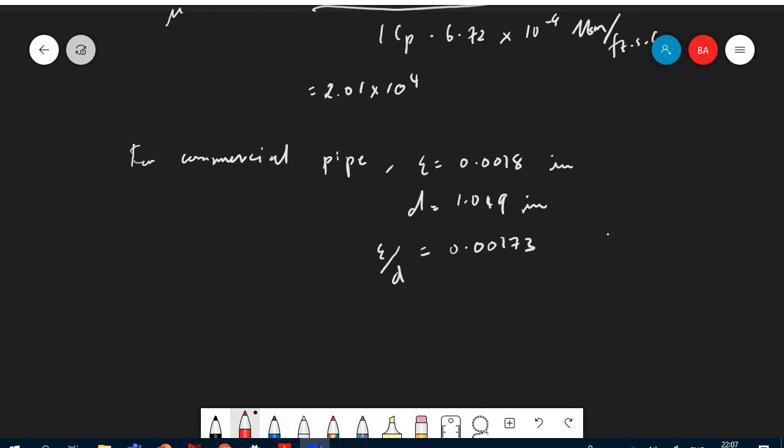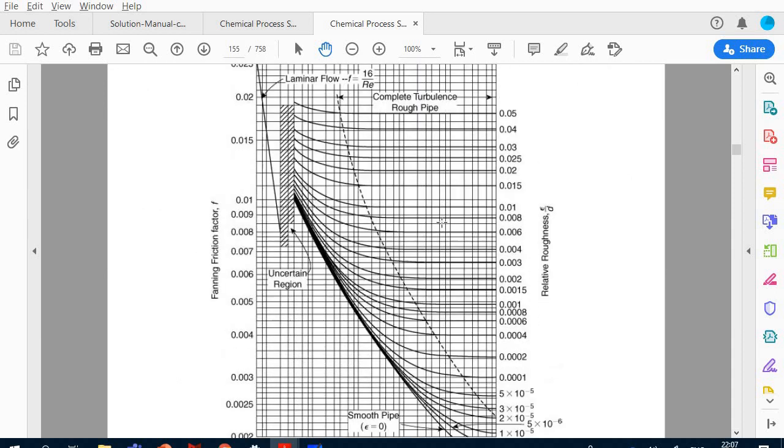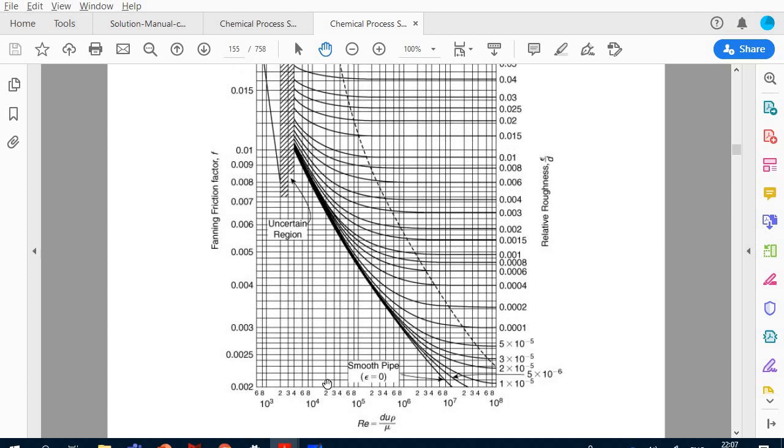So you found E over D. So what do I have? I have now 2 into 10 to the power 4 and 0.00173. And knowing this, now I need to use this figure here. So here's 2 into 10 to the power 4.